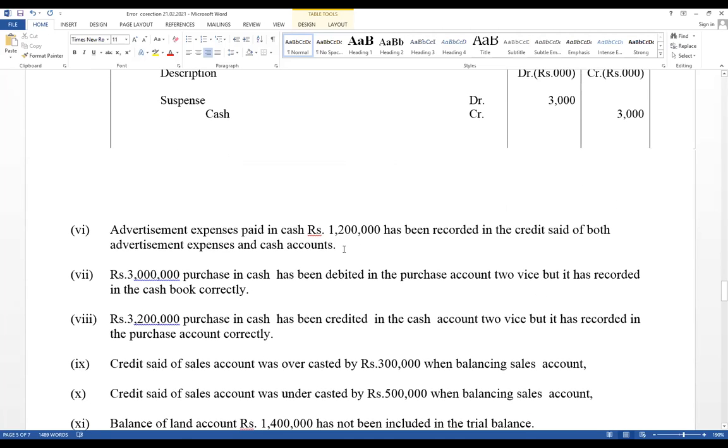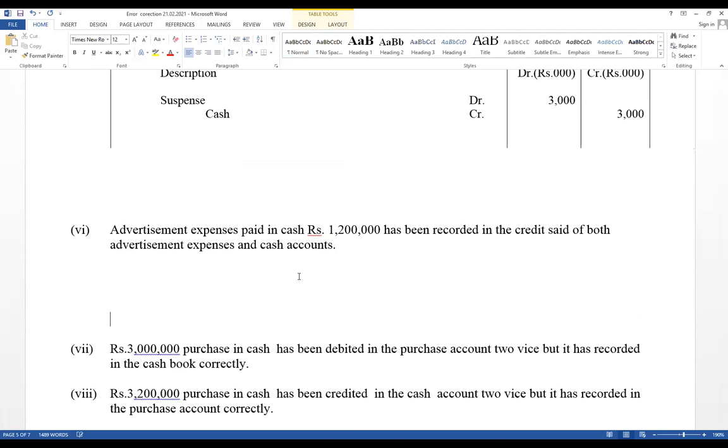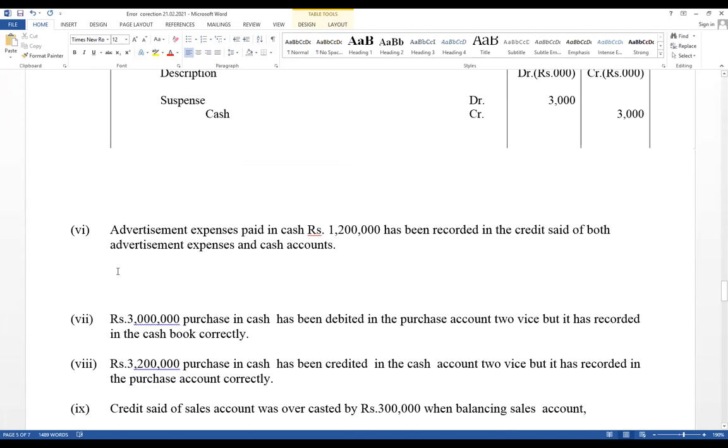Next one, think about 6. Think what would be the answer. Read carefully. Advertisement expense paid in cash has been recorded in the credit side of both advertisement expense account and cash account.